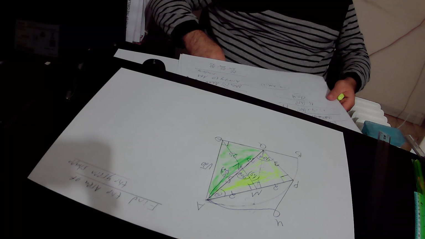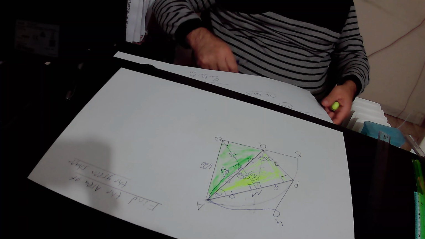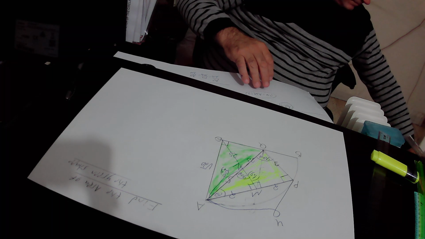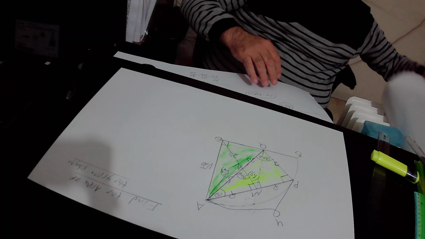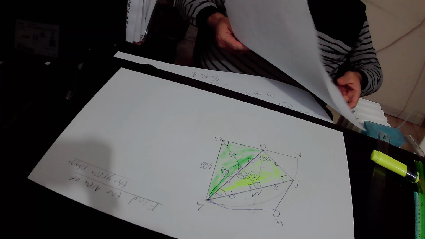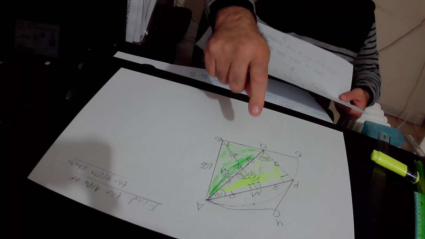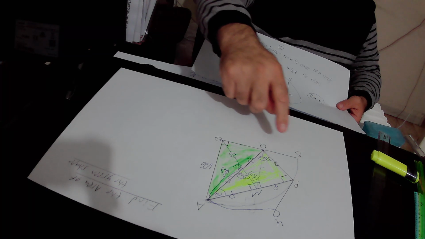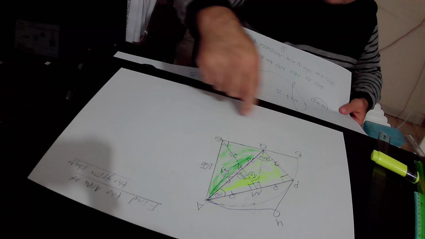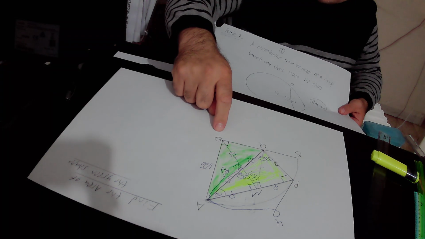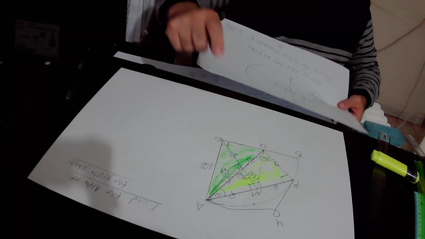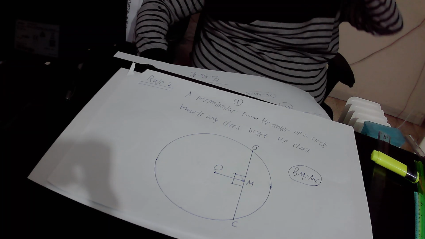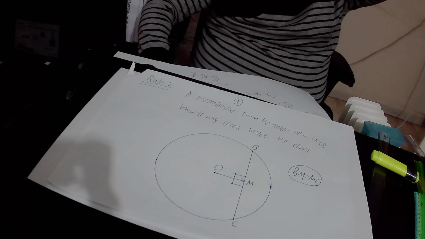Then we used a new rule here. According to the new rule, we found that actually we can complete the quarter circle to a circle, and therefore this is actually a circle, and point O is the center of the circle. And according to rule number 2, a perpendicular from the center of the circle towards any chord bisects the chord.